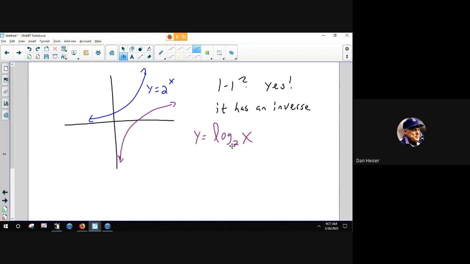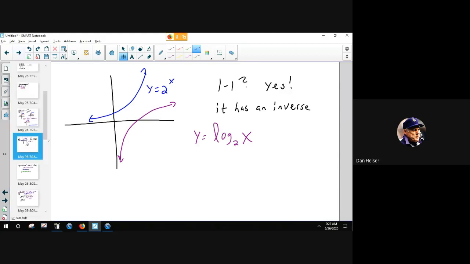Here's y equals log base 2 of x. This is a vertical asymptote. This falls forever, this rises forever, slowly, but it rises forever. So it uses all the possible y values for its range. But for a domain, nothing to the left of 0 can be plugged into this. Its domain is positive reals.